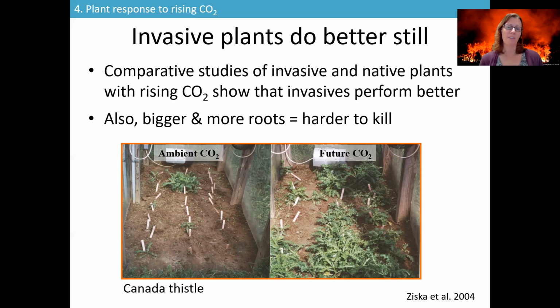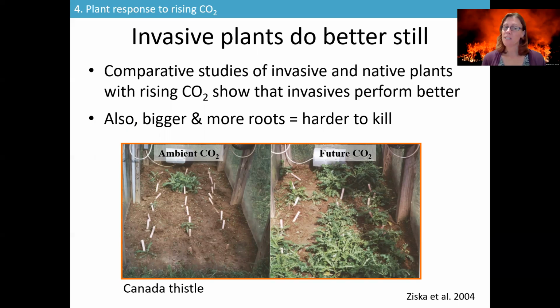And the one on the right is future CO2. These are right next to each other, these two plots. And the piece that you don't know by looking at this is that both of those two plots got an herbicide application. Roundup or something like that was sprayed on them at whatever the recommended dose is.